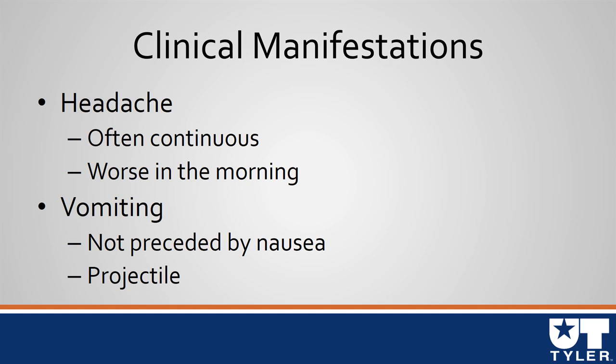Straining, agitation, or movement may accentuate the pain. Vomiting can occur. Vomiting, usually not preceded by nausea, is often a nonspecific sign of increased ICP. This is called unexpected vomiting and is related to pressure changes in the cranium. Projectile vomiting may also occur and is related to increased ICP.